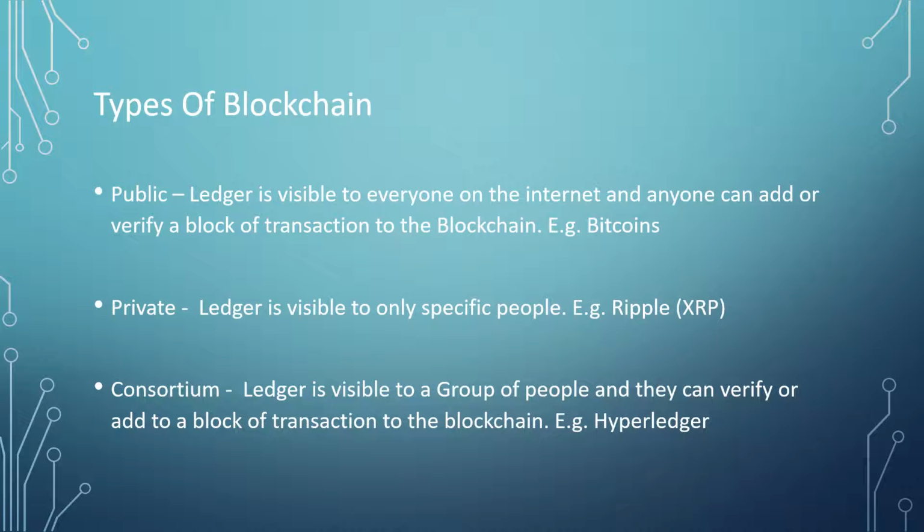The next one is the private blockchain. In this, the ledger is visible to only specific people. An example of this type of blockchain is Ripple or XRP. So in a private blockchain, one party has control over the entire ledger.